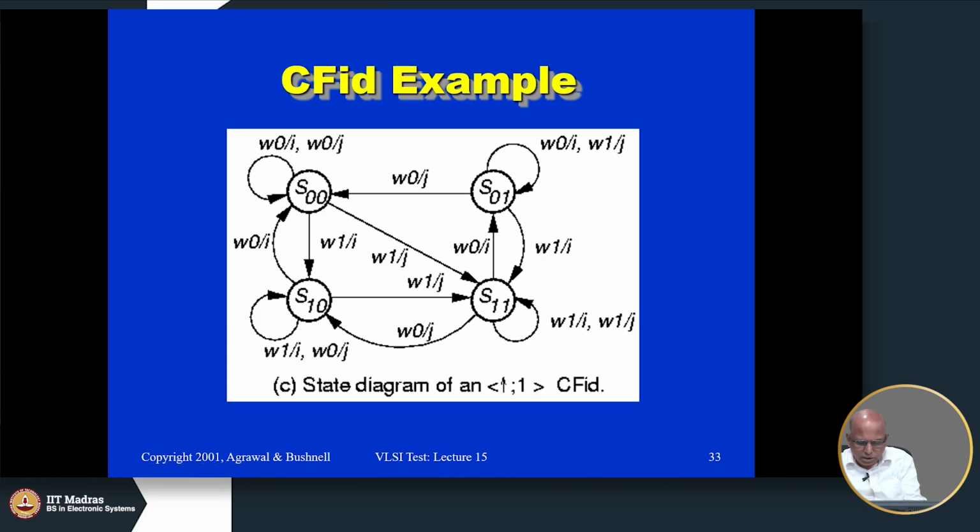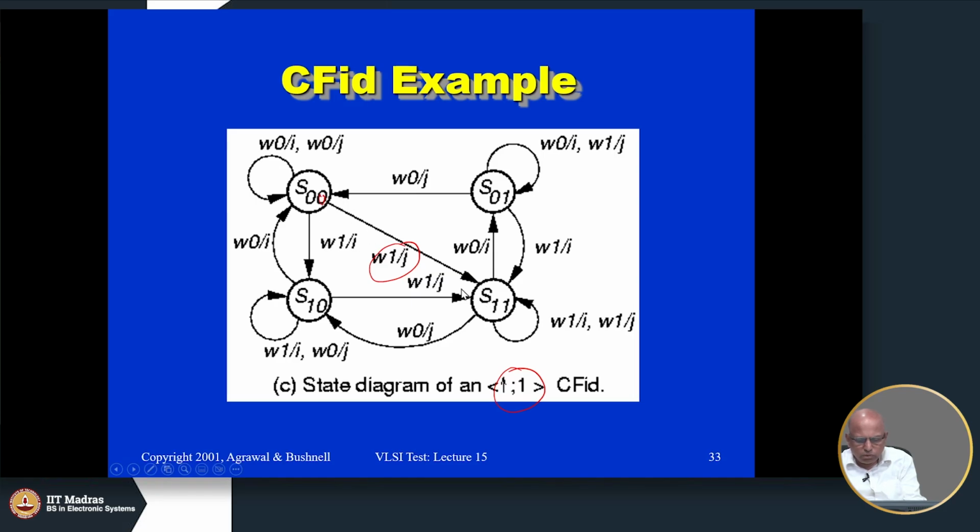So, let us look at this one. Here he is looking at this fault, that means j is changing from 0 to 1. Look at this one, 0 is changing to 1 when I apply W1 on j, okay. At that time, because of this fault, the I will also go to 1.